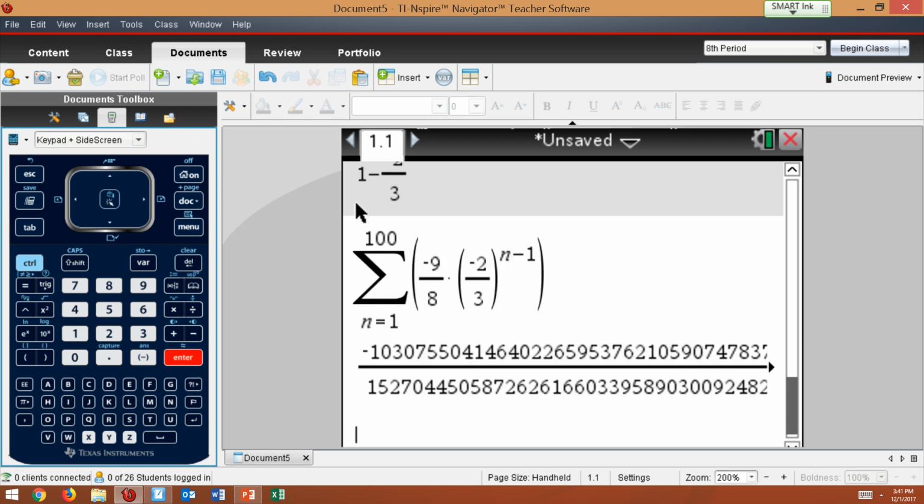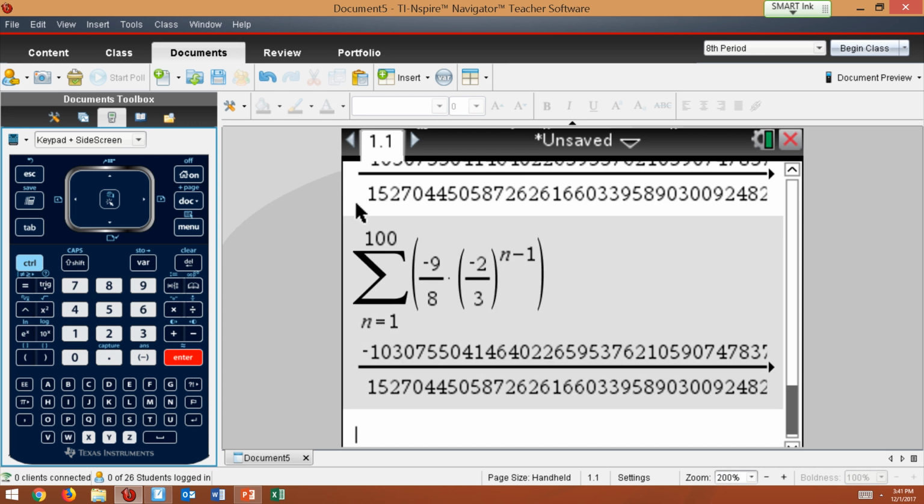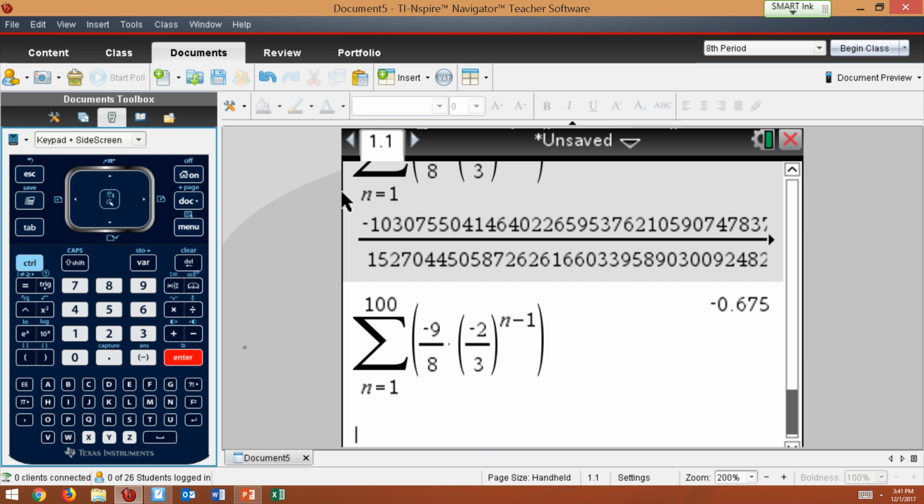And it gives me a crazy answer like that if you hit Control Enter. Oops. Why did it not change it to a decimal? Let's try this again. Control Enter. There we go. Yep, it does work. It gives us the same value.